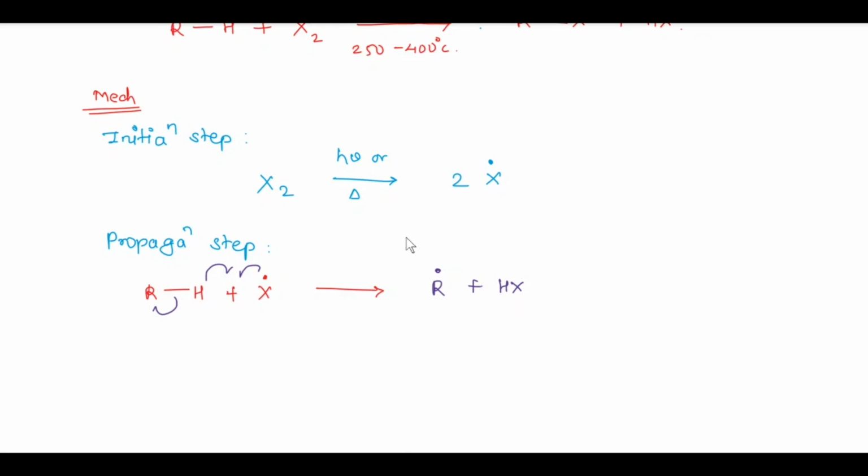In the next propagation step, this R radical again reacts with halogen and formation of alkyl halide takes place.